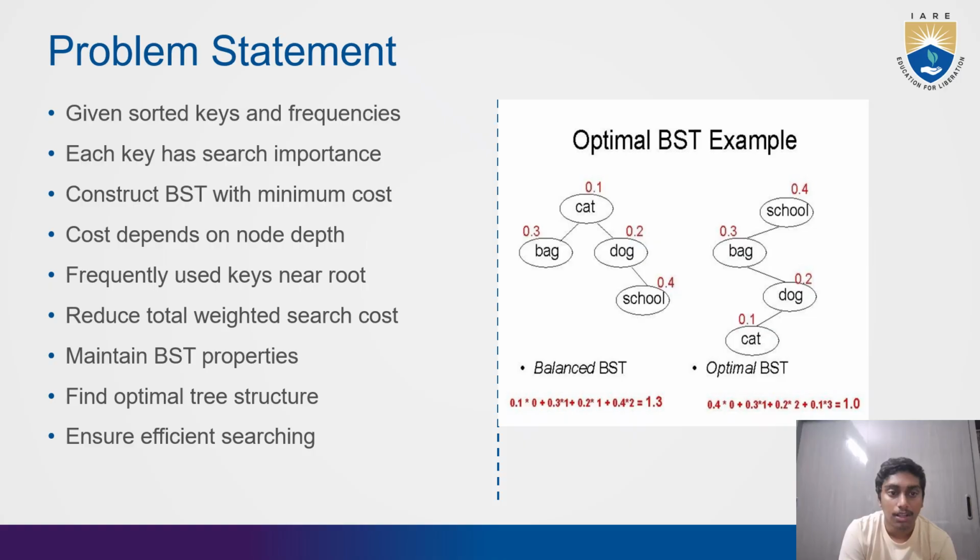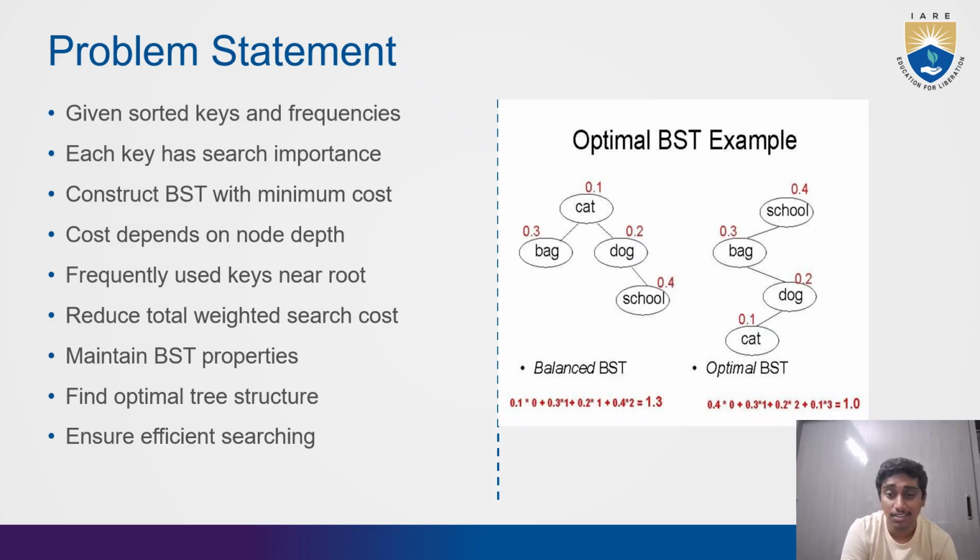Problem statement: given sorted keys and frequencies, each key has search importance. Construct BST with minimum cost. Cost depends on node depth. Frequently used keys near root. Reduce total weighted search cost. Maintain BST properties. Find optimal tree structure. Ensure efficient searching.